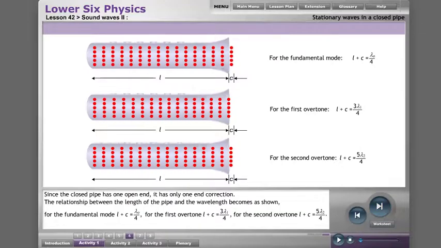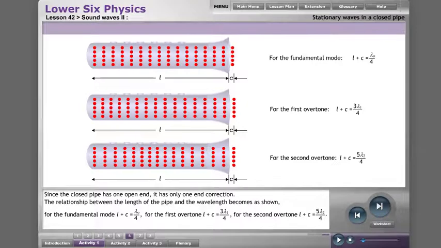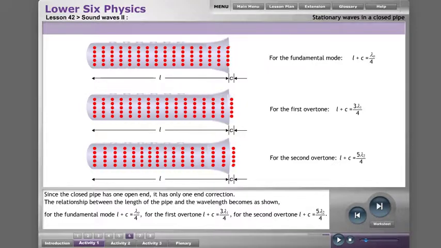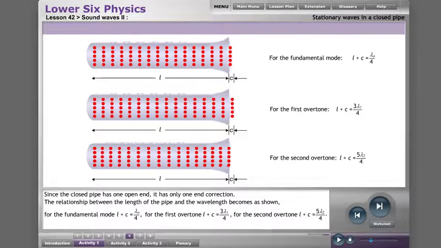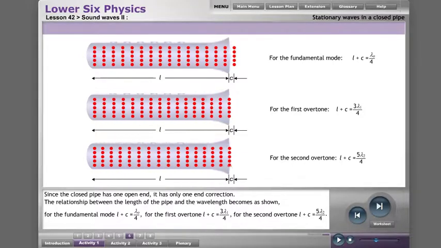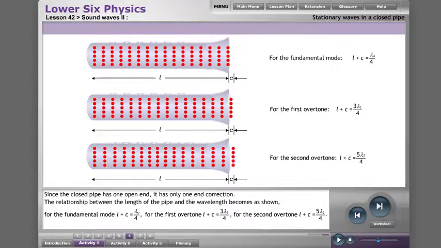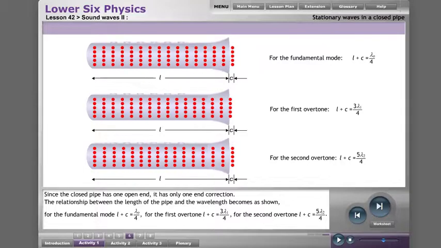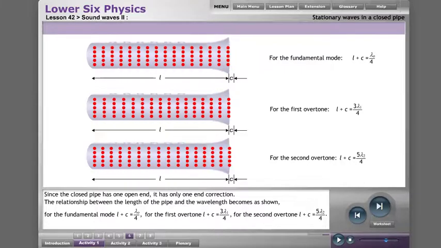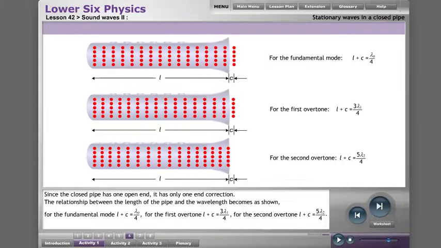Since the closed pipe has one open end, it has only one end correction. The relationship between the length of the pipe and the wavelength becomes as shown. For the fundamental mode, L + c = λ0/4. For the first overtone, L + c = (3/4)λ1.